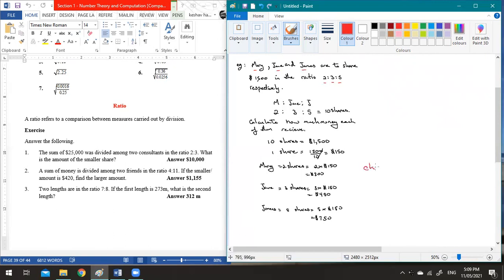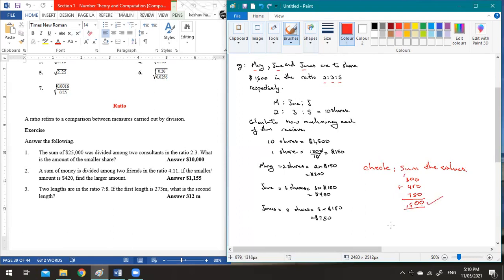Now, when you're done, there's a way to check to see if you're correct or not. So the check is that we add or sum the answers, right? So 300, add 450, add 750, $1,500.